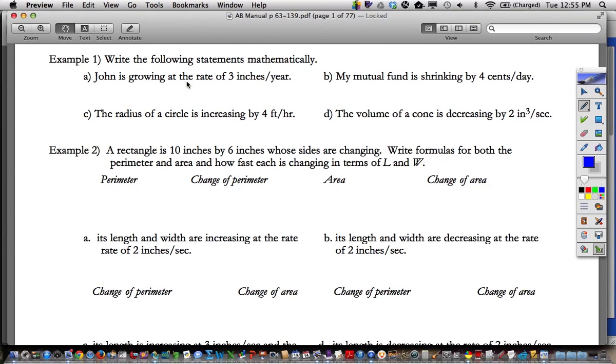John is growing at a rate of 3 inches per year. Now, I don't know if you write down this stuff. Maybe you just try to follow with me, and I'll show you when you might want to write something down. John is growing at the rate of 3 inches per year. How can I write that mathematically? J, you want to use J? We'll use J, that's fine.